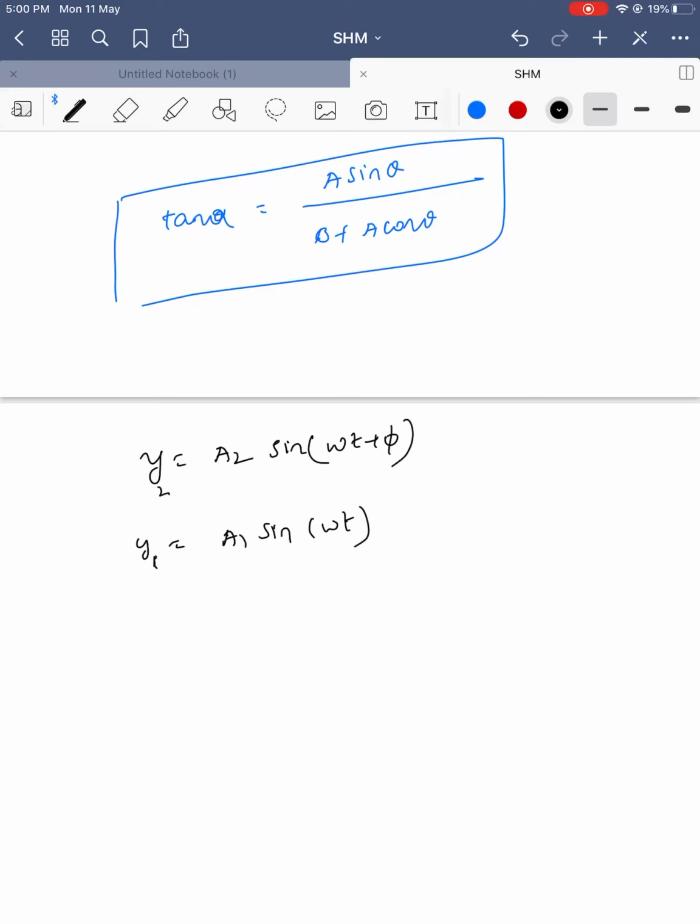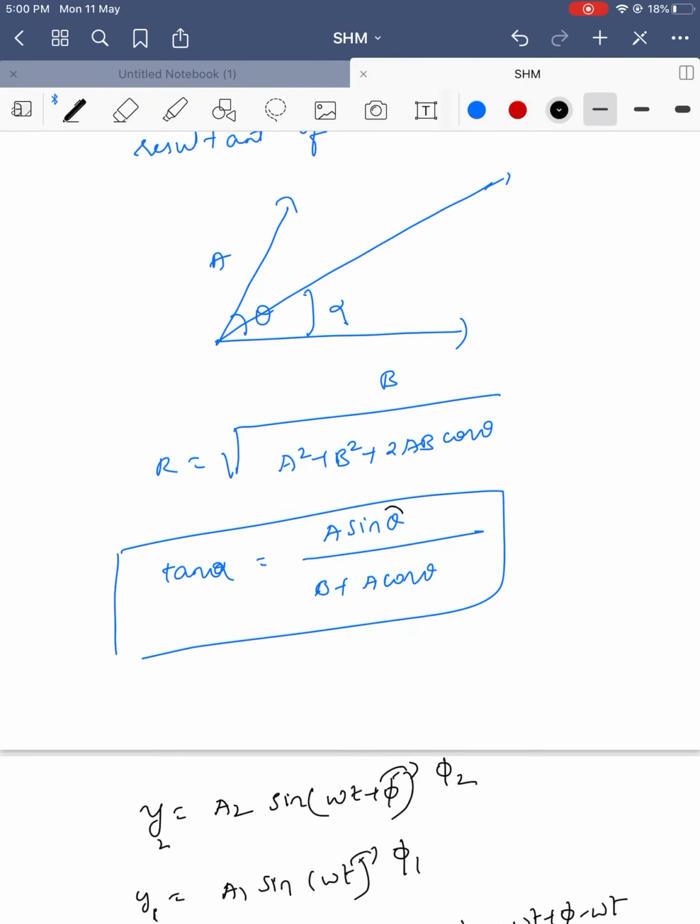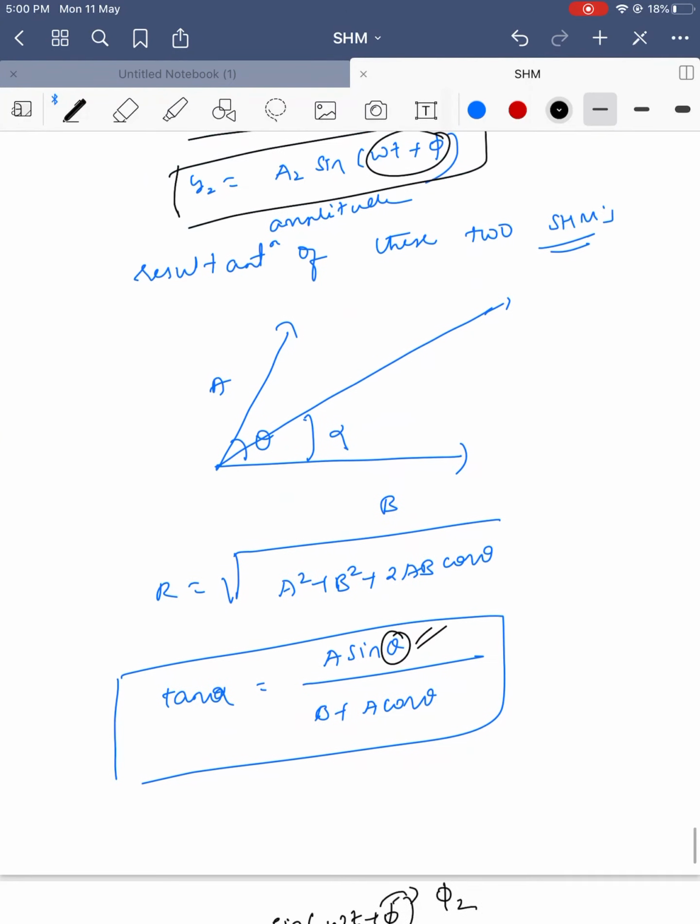This is phi 2, another one is phi 1. Phi 2 minus phi 1, what are you going to get? Omega t plus phi minus omega t, so you get phi. So assume this phi as the angle theta.